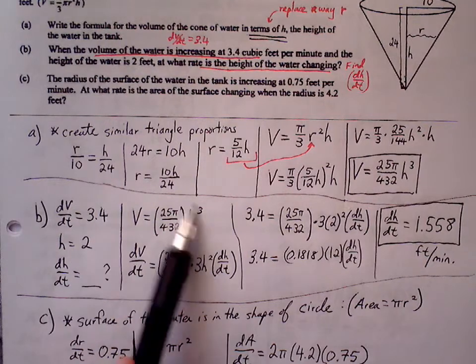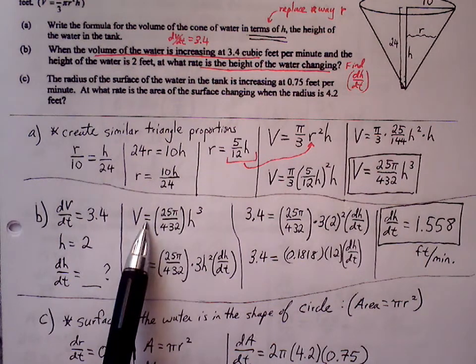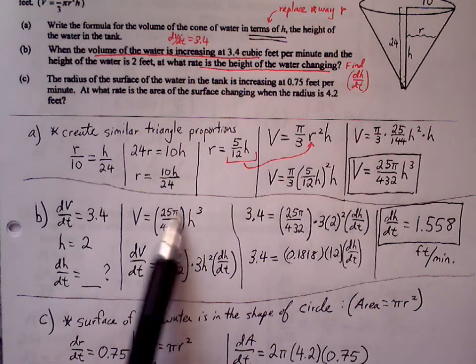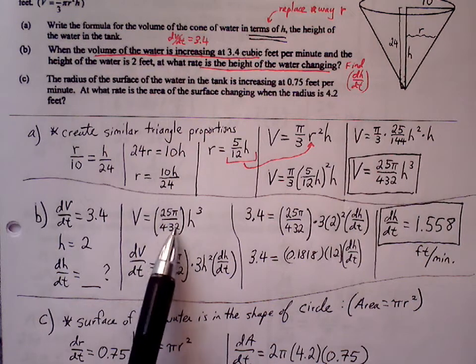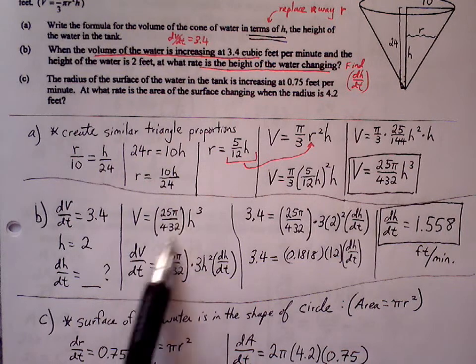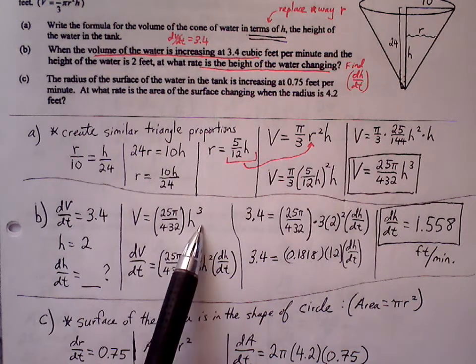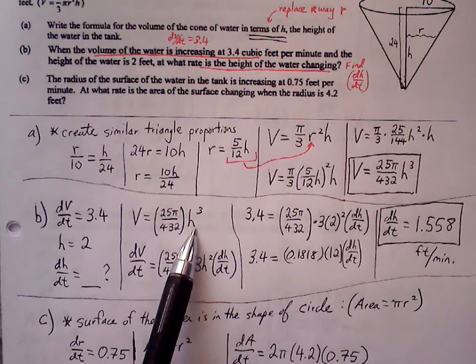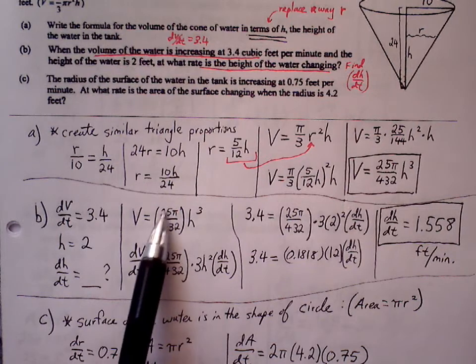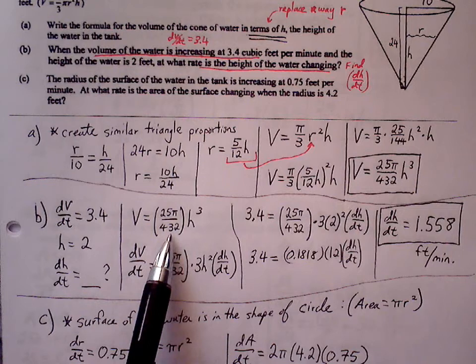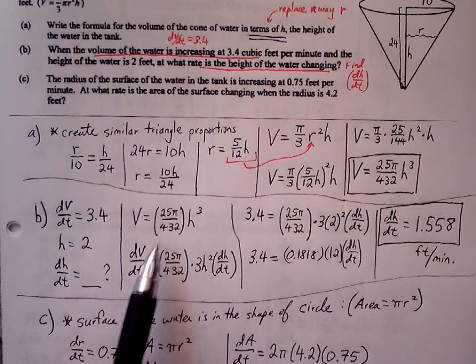So now we're going to start with this equation and move our way to the derivative. 25 pi over 432 is just a messy coefficient sitting in front of the H cubed. We'll treat this like we would if there's a 5 or 6 or 7 sitting in front of the H. It's just going to attach itself to the derivative. We don't have to do any product rule or anything messy with this number.